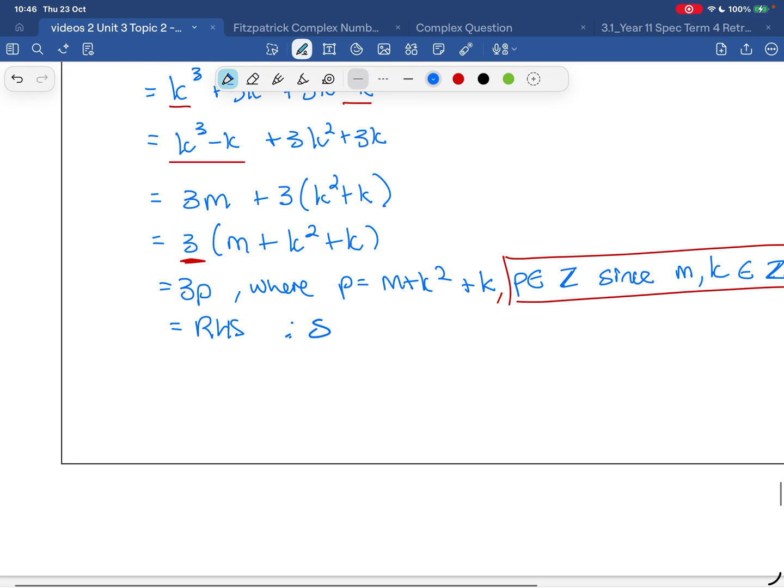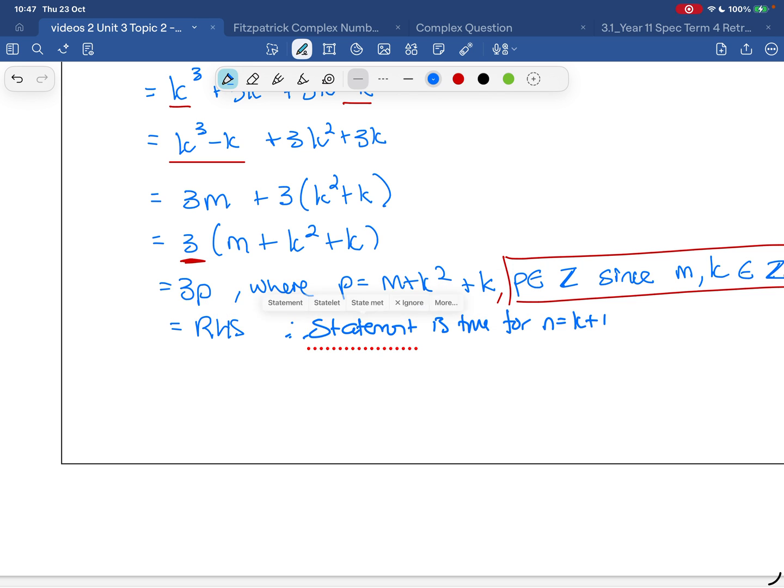So therefore, the statement is true for n equals k plus 1. And then I can say, therefore, my statement is true.